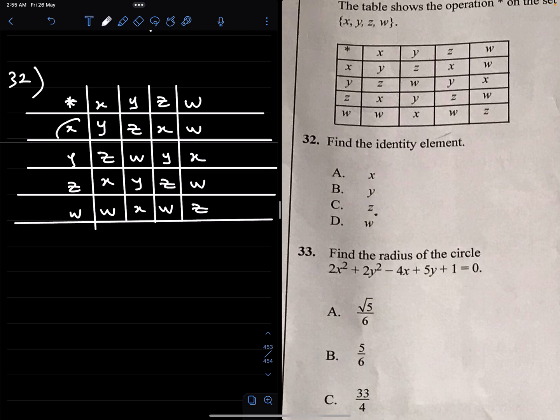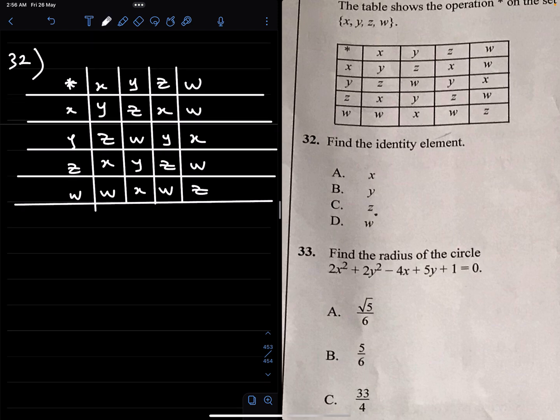What do we combine with x to give us x? We'll see that x combination x gives us y. That's not x. It is x combination z that gives us x. Let's go again to y. It must be the same for all of them. Now, what do we combine with y to get y? Y combination z gives us y. Let's check the next. Z combination z gives us z.